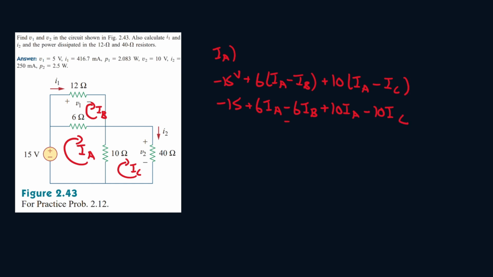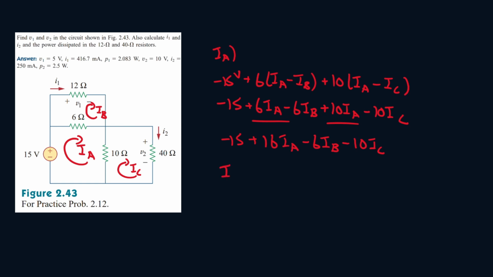We have two like terms, so it'll be 16 IA minus 6 IB minus 10 IC.